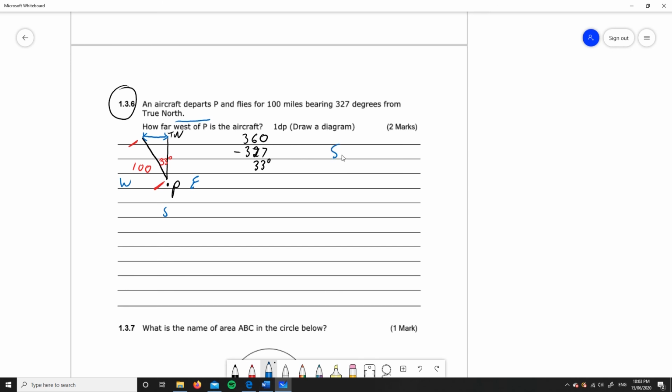So using SOHCAHTOA, I can work out that this is my hypotenuse. If my angle is here, this is going to be my opposite. So sine is going to be my chosen function. So sine theta equals opposite over hypotenuse.